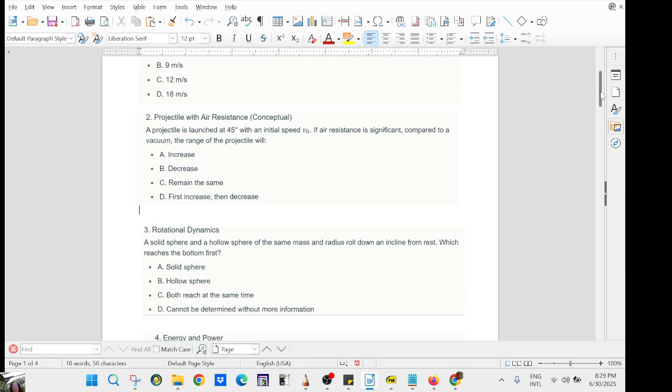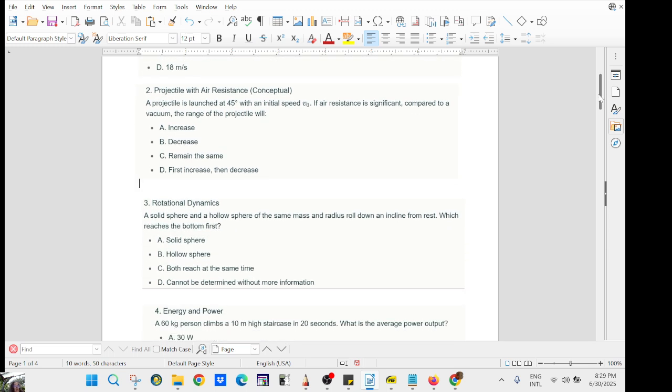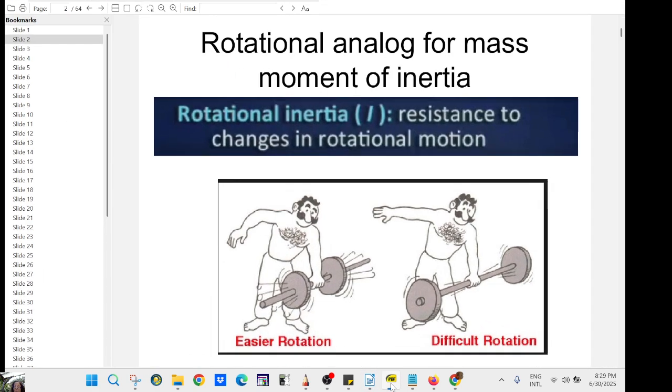So let's look at number 3. This is just rotational dynamics. So it's a typical question. So when something wants to rotate about an axis of rotation, this picture comes from the textbook Conceptual Physics by Paul Hewitt. I use a lot his material.